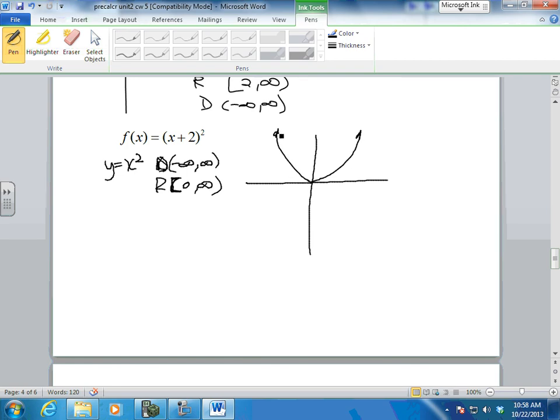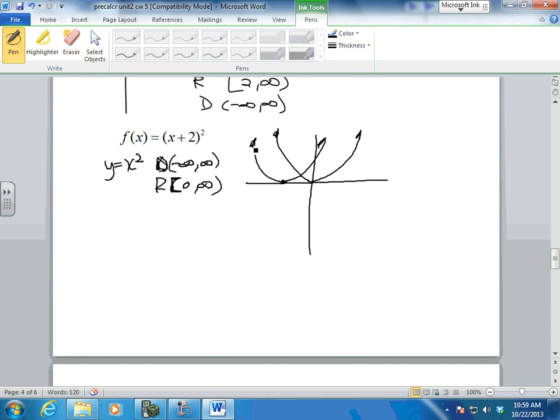Now, it's inside in here, so it's affecting my x, and x is horizontal. Which way is it going to go? Left. It goes the opposite way. Move this one 2 units to the left, right here. Now, because it's affecting my x, which one is it affecting, my domain or my range? Domain. My domain. Good. So I want to change my domain.